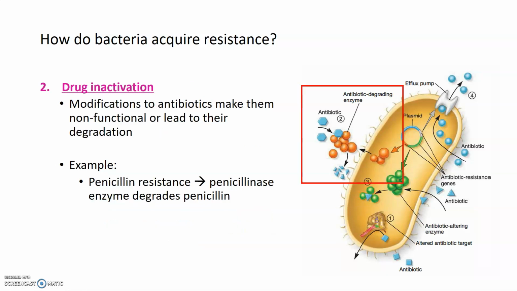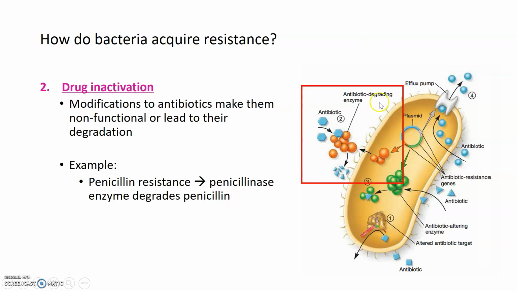In addition to modifying the target of the antibiotic, you can modify the antibiotic itself inside the bacterium to make it non-functional, or to basically chew it up and degrade it. This is known as drug inactivation. Any of these modifications that make an antibiotic non-functional or lead to its degradation are mechanisms of drug inactivation.